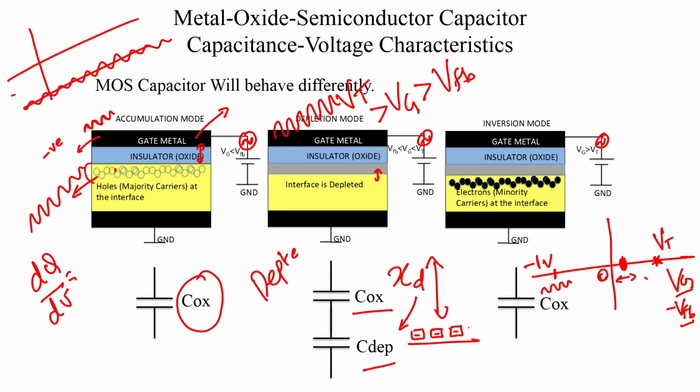If the depletion boundary is there, you have uncovered all these, and if the voltage on the gate increases a little, you need to add more negative charge, and therefore, the XD increases a little bit more, you have more negative charge being uncovered. So, that is the response of the semiconductor to the applied AC signal in depletion mode operation, and therefore, it is a series combination of Cox and C depletion.